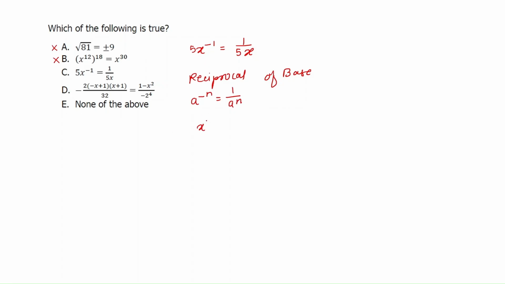So x raised to the power of minus 1 will be 1 upon x. So 5 into x raised to the power of minus 1 is equal to 5 upon x. That means this is also not true.